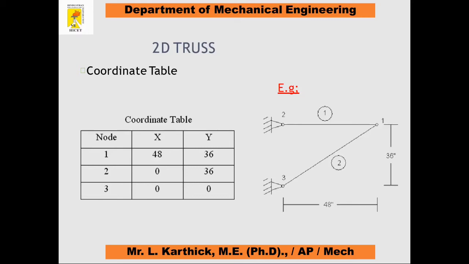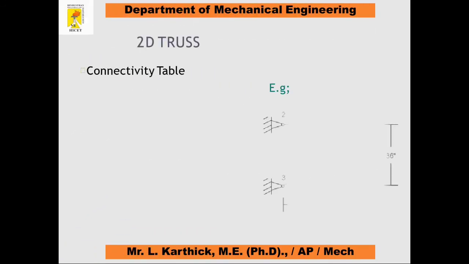So we need to find the coordinate point for each and every nodal point. In this picture, nodes 1, 2 and 3 are given. The distance between node 3 and node 1 is given as 36 and 48. So for node 1, x is 48, y is 36, and for 2, x is 0, y is 36, and for 3, x is 0, y is 0. This is the coordinate table.